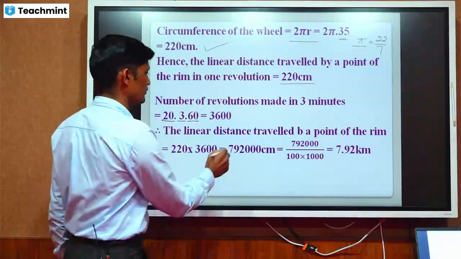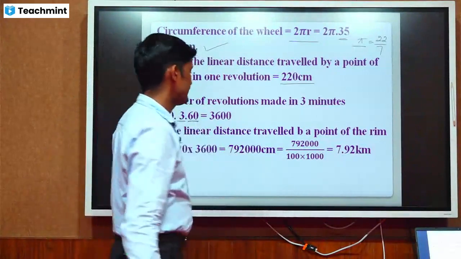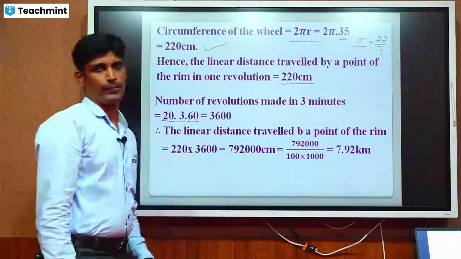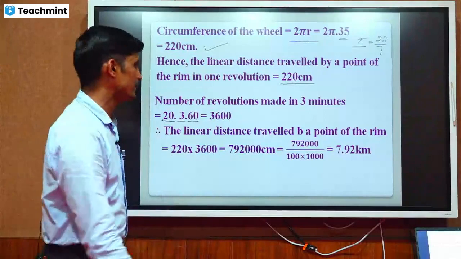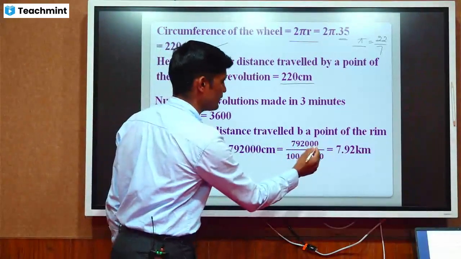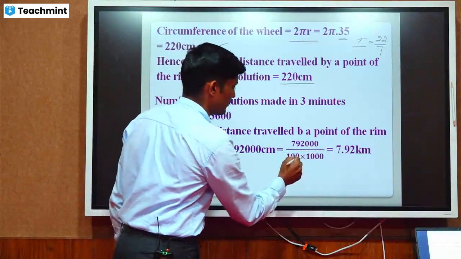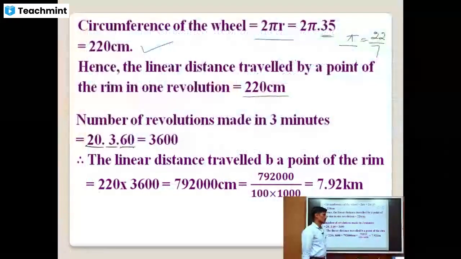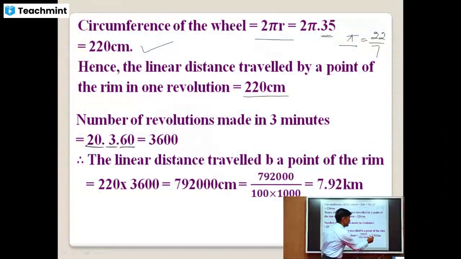That comes around 7,92,000 centimeter. Now we have to convert that centimeter into kilometer. Therefore, 7,92,000 divided by 100 into 1000. That is equal to 7.92.